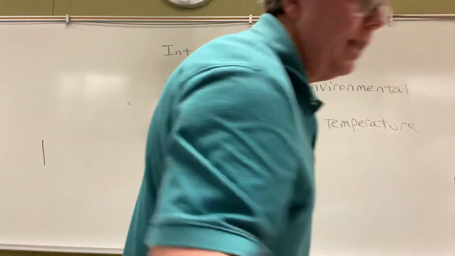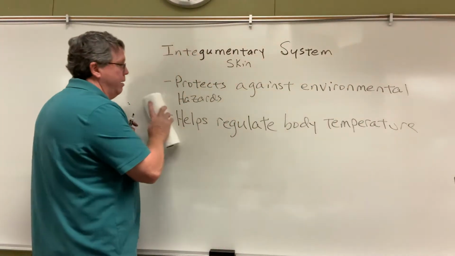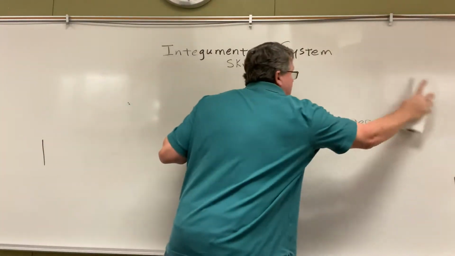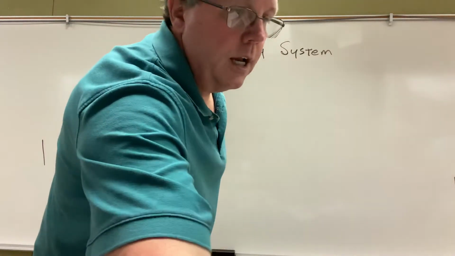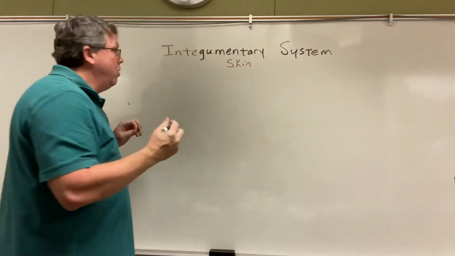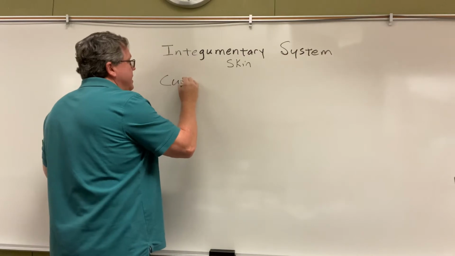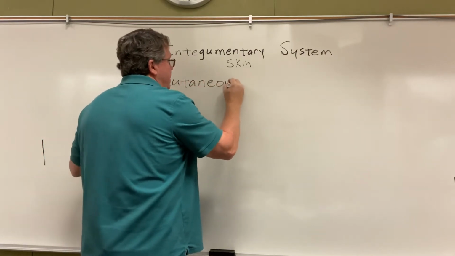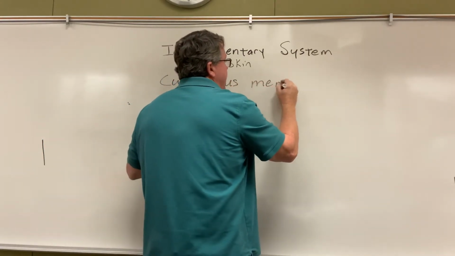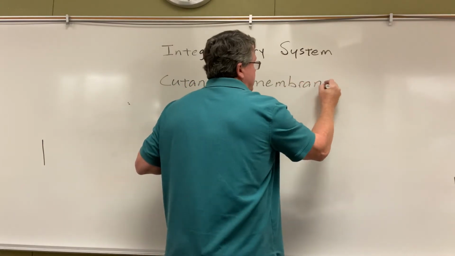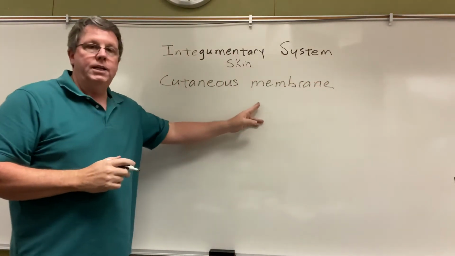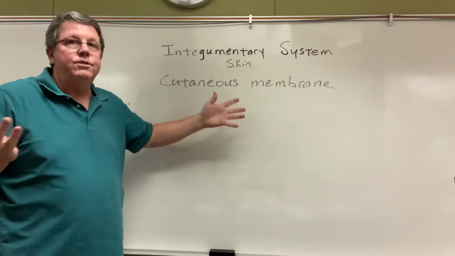So let's take a look now at the parts of the integumentary system. Okay, the parts of the integumentary system. So we have something called the cutaneous membrane. And there's basically three parts to skin. But we're going to talk about the cutaneous membrane. And the cutaneous membrane is your skin.